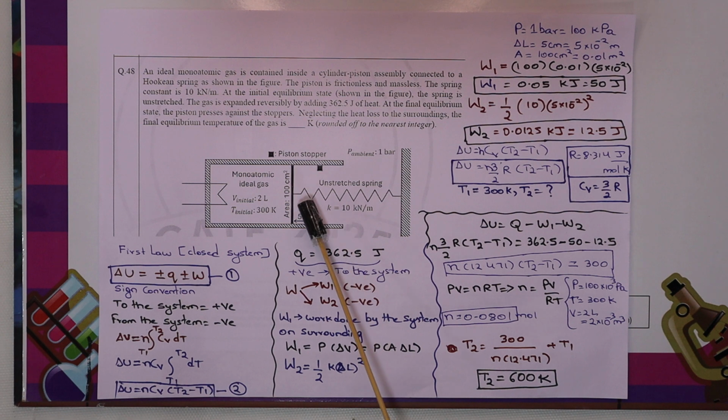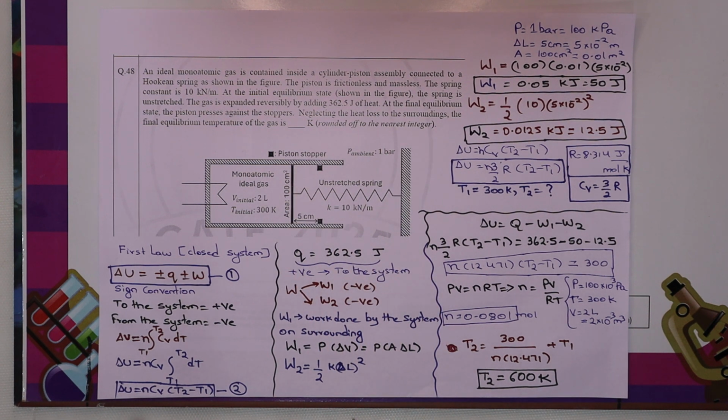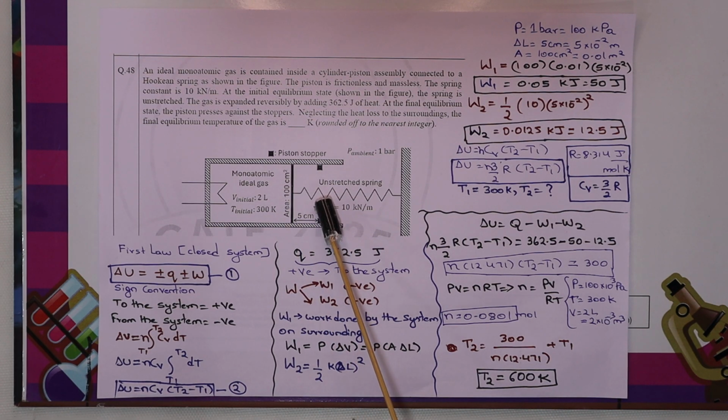Okay, outside this piston, it is at an ambient pressure of 1 bar. So let us find out the initial temperature; the initial volume is 2 liter and the temperature is 300 Kelvin. After expansion, you have to find out the temperature change from 300, that is, how much the final temperature of this system will be.